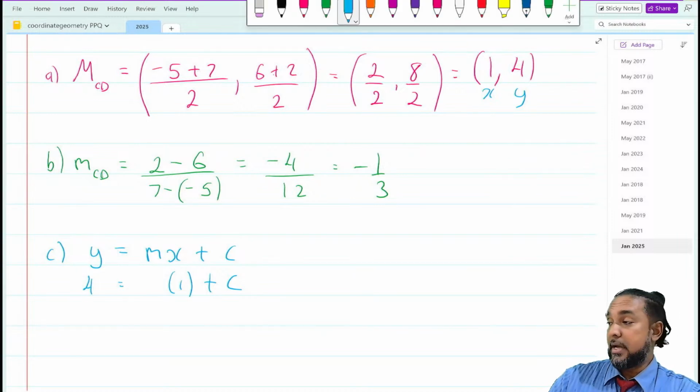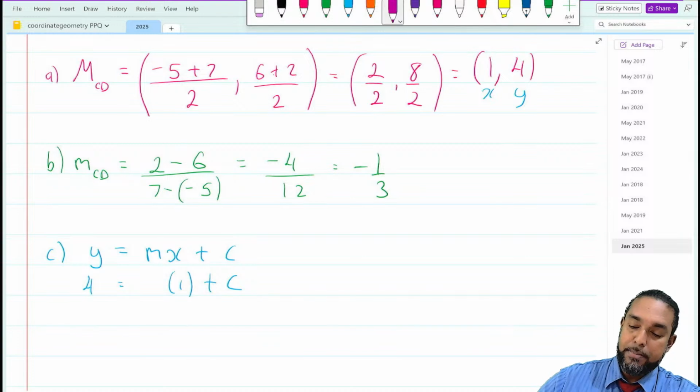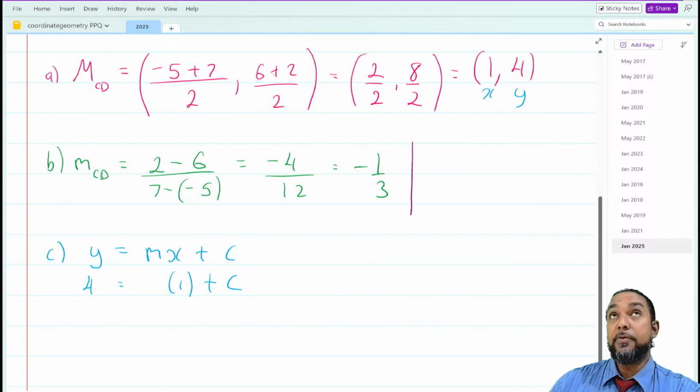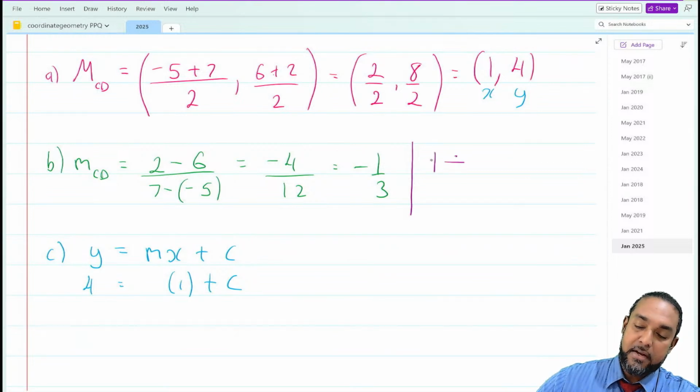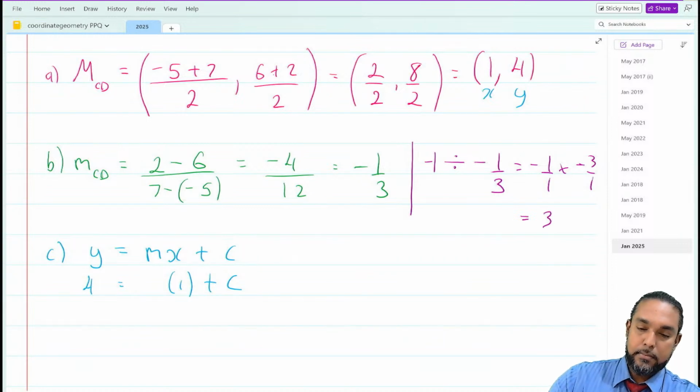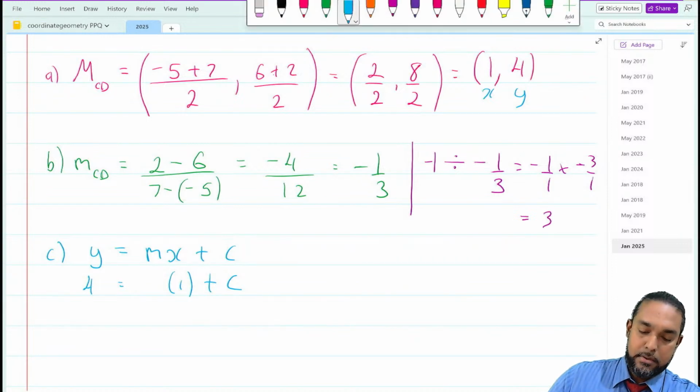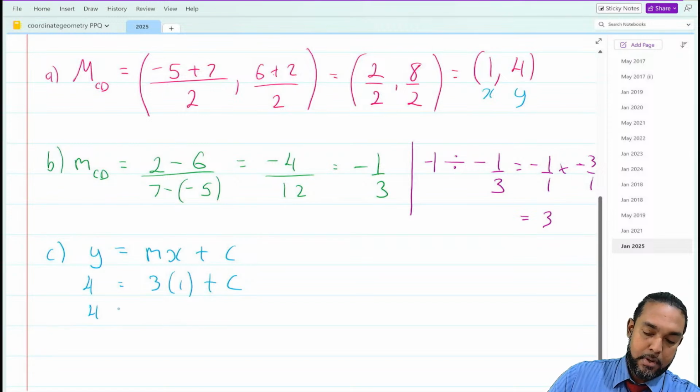We did a couple of times earlier today that if we have the gradient of one of two perpendicular lines, to find the gradient of the other, we divide minus 1 by the gradient we have, which basically means we flip it and change the sign. That's 3, and 3 by 1 is just 3.